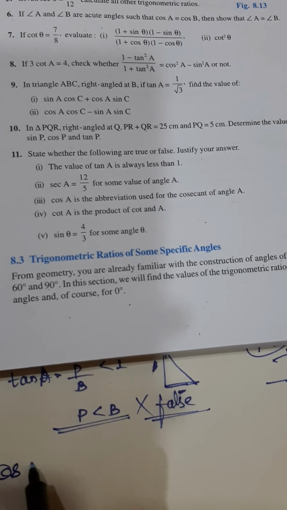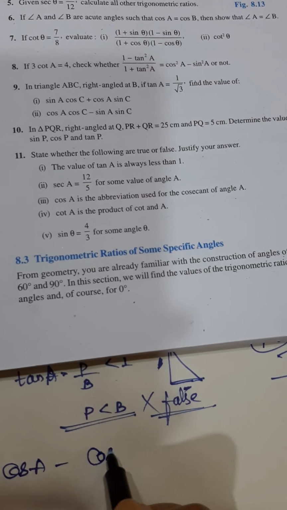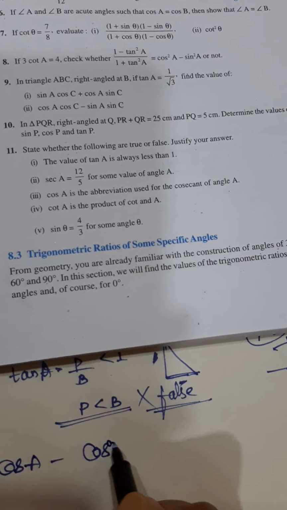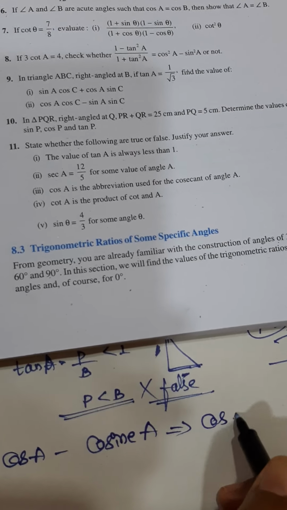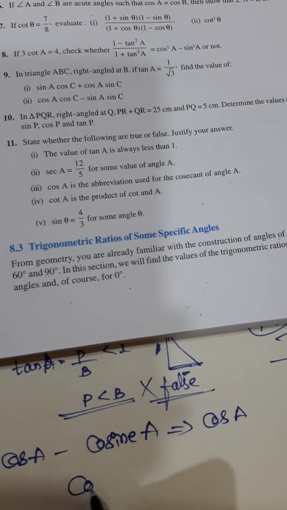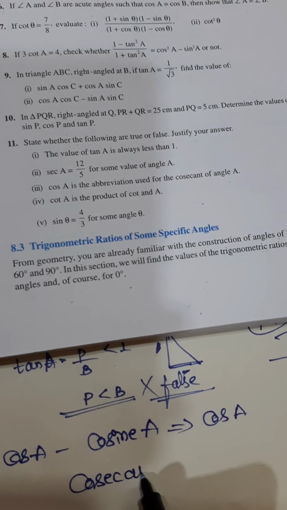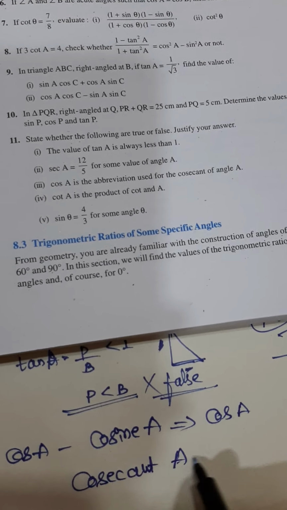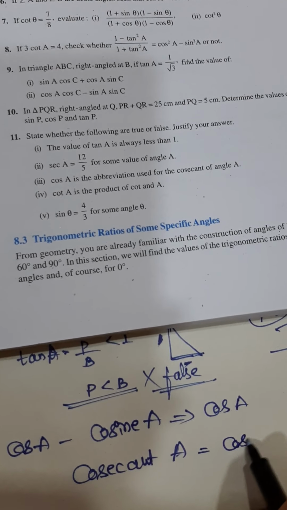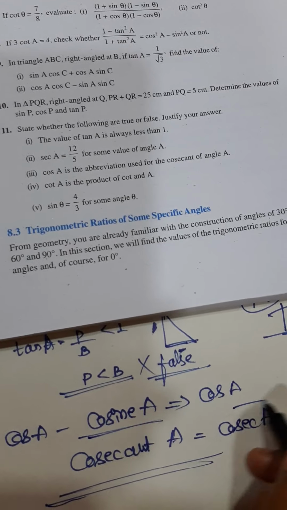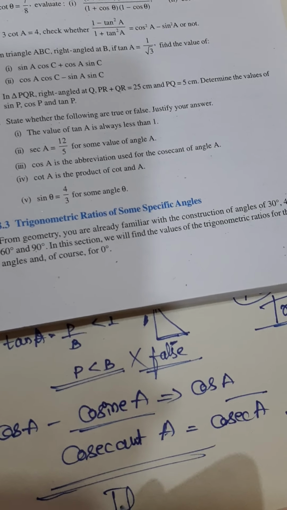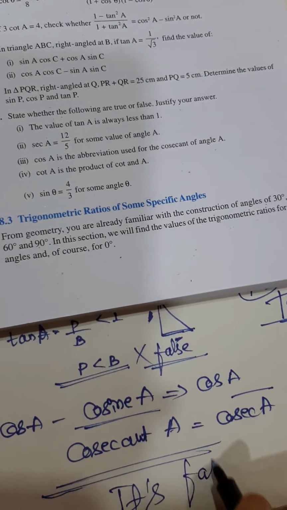The abbreviation of cosine of A is cos A. Here they have given cosecant of angle A, and the abbreviation of cosecant is cosec A. So it's false. I hope you all are understanding this one.